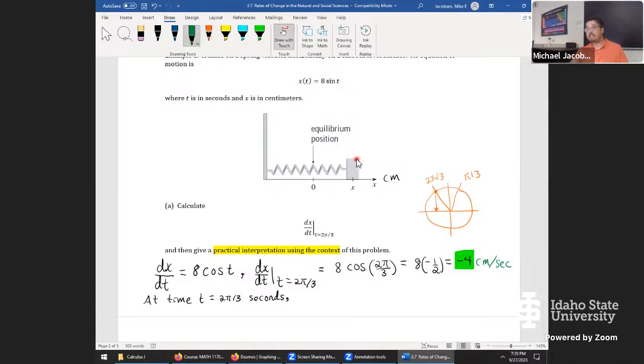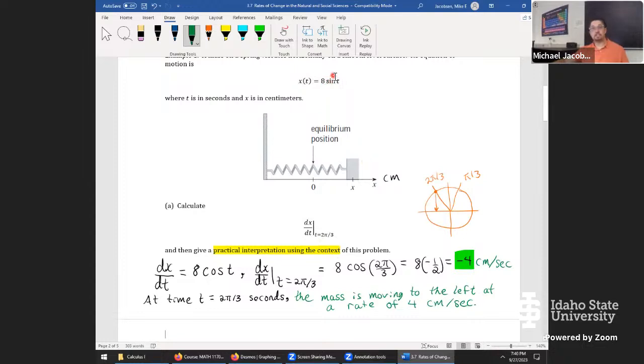And what that means is the mass is moving to the left. The left is what's capturing the negative in that derivative right there. If it was a positive, we would have said it's going to the right. But at 2 pi over 3, it's heading off in that direction, leftwards, at a rate of 4 centimeters per second.